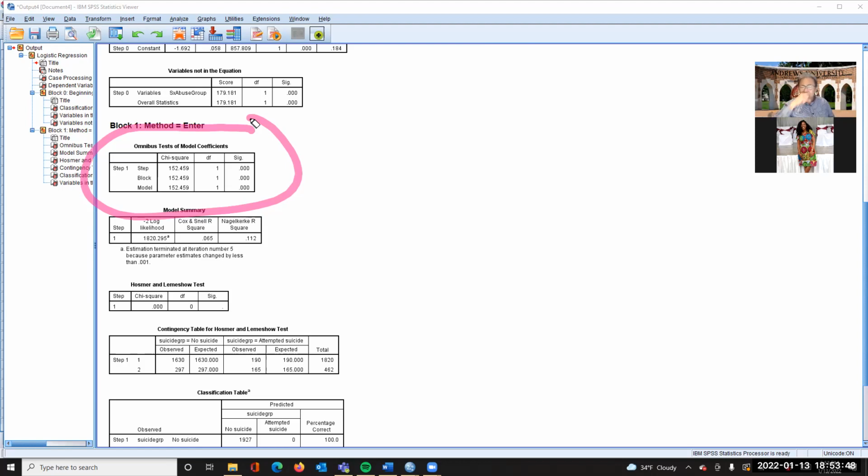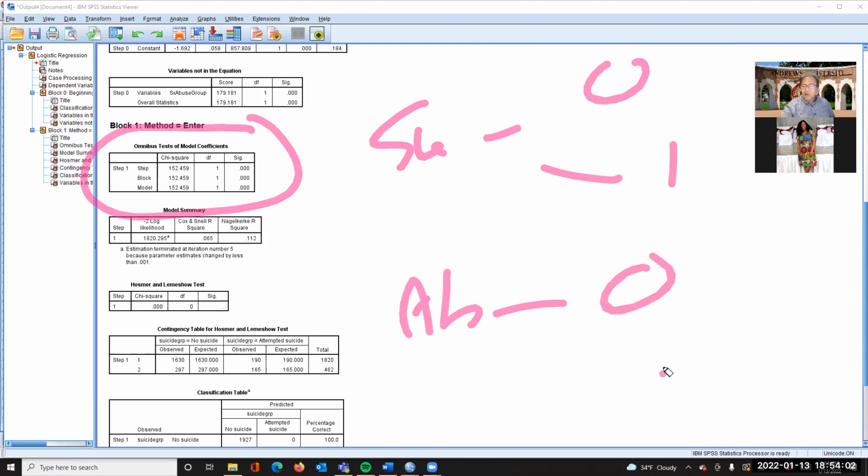In other words, let's say we have these suicide attempt zeros and ones, and then we have abuse zeros and ones. We will attain a goodness of fit if the proportion of people who commit suicide is approximately the same as the proportion of people who have been sexually abused.